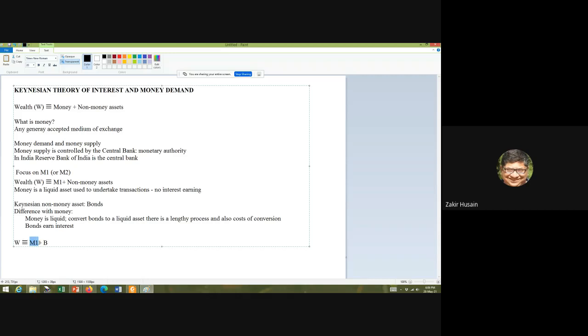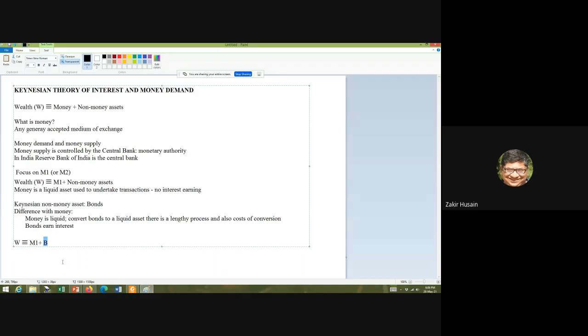Once you attain equilibrium, once the adjustment process is over, you will find that M1 has gone up, but at the same time, your holding of bonds has to fall. If your demand for money goes up, if you have excess demand for money, then you have to reduce your bond holding.